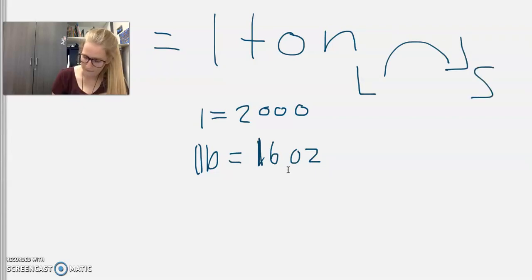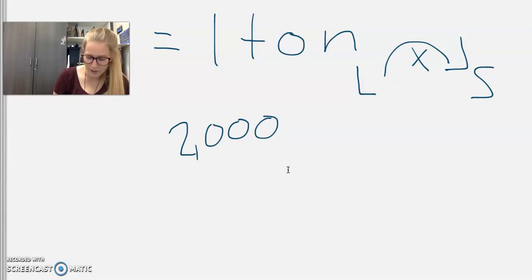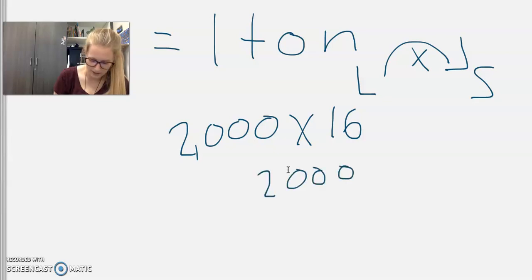I multiply. Okay, so first I have to figure out that there are 2,000 pounds in a ton, and each pound is 16 ounces. And I'm going to multiply those to find out how many ounces are in 1 ton. I'd set that up like this.